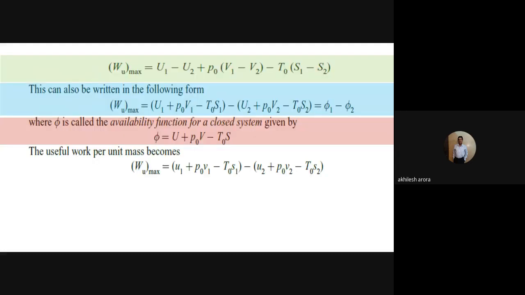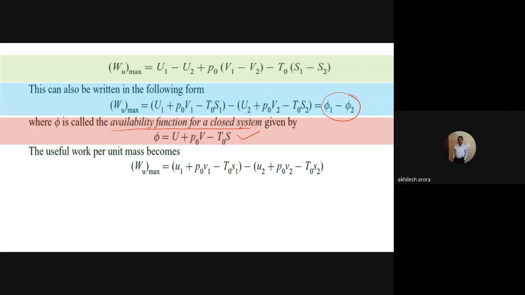Then you can see these two symbols, phi 1 minus phi 2. And what is phi? Phi is the availability function of the closed system. From here you can get some idea about the availability. Till now we were talking about the maximum work. Now we are also talking about the availability.